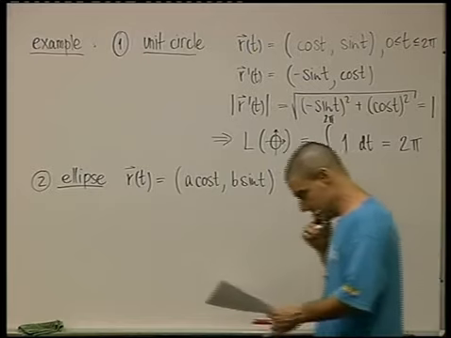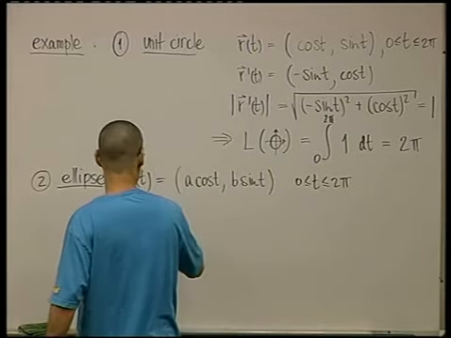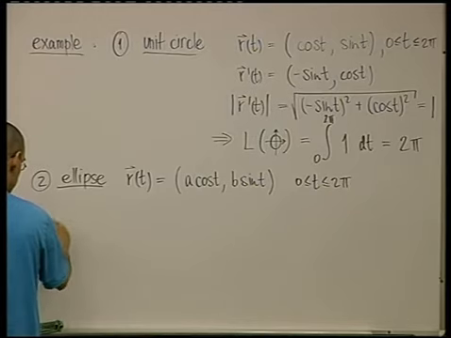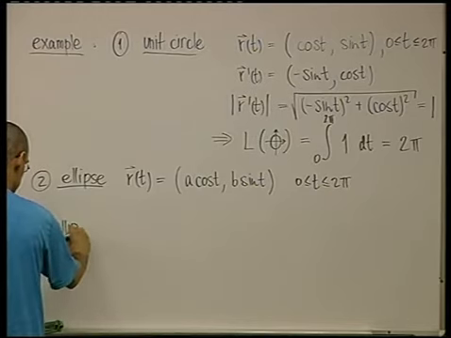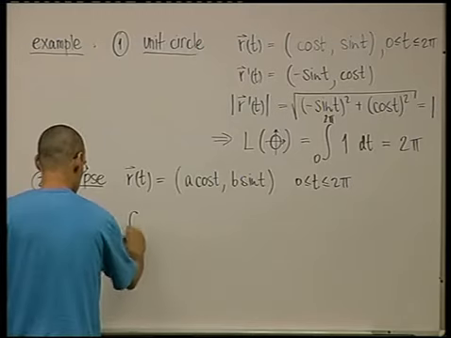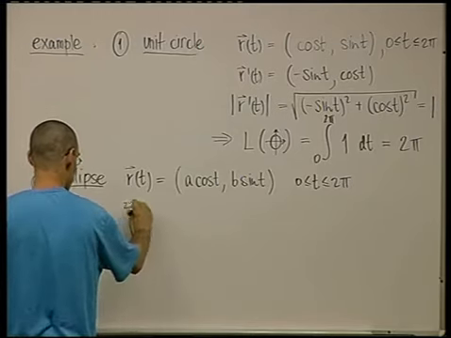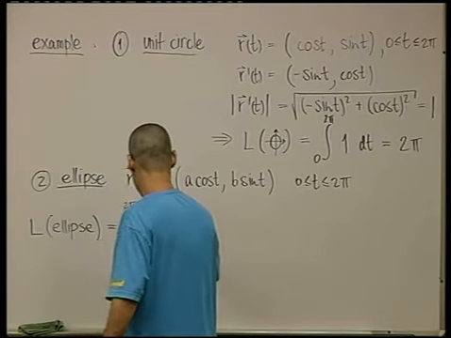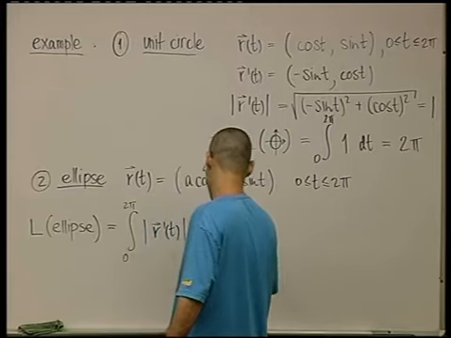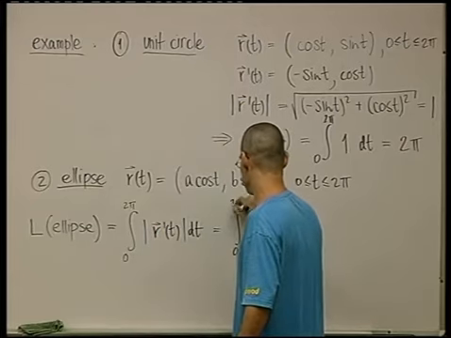So what would be the r prime? Let's just write the integral. So the length of the ellipse is the integral from 0 to 2 pi of the length of r prime of t dt. So let's see what we get.